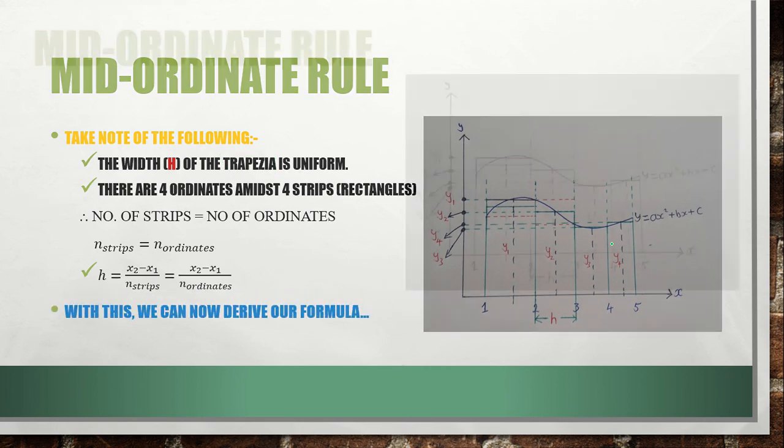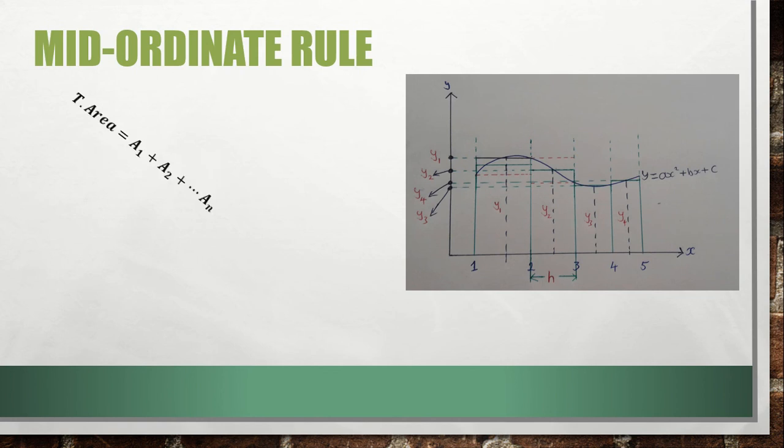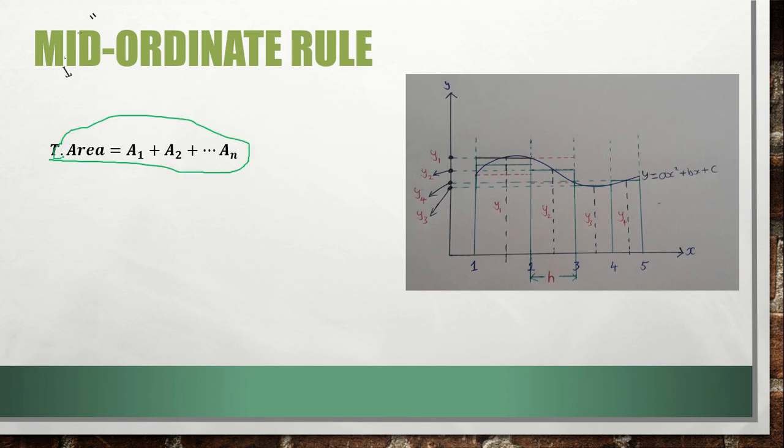So with this, let's derive a formula. The total area by use of the mid-ordinate rule is basically a1 plus a2 plus a3 plus up to an, which will give us the total area. But now, what do these a1, a2, a3 represent?